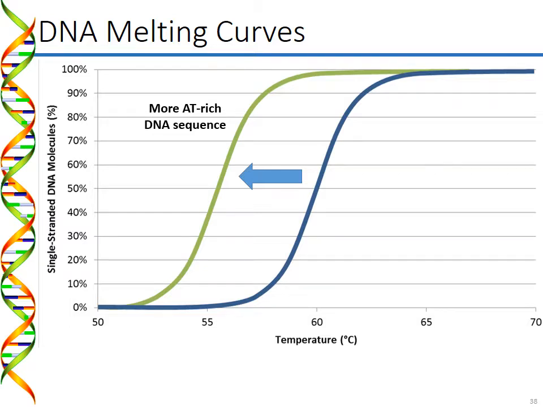The parameters that we discussed as far as the various points at which a certain number of molecules are in their single-stranded formation, all of this is the same, just shifted down to a lower temperature. So here we can see that the Tm of this particular curve is about 56 degrees, and so at a lower temperature, 4 degrees lower than the other graph, is where 50% of its strands are in their single-stranded formation.